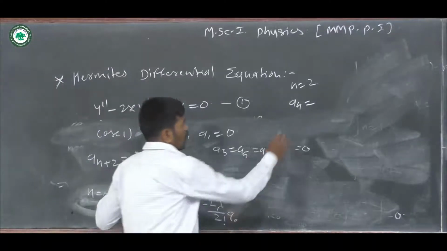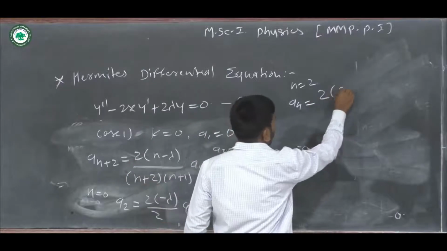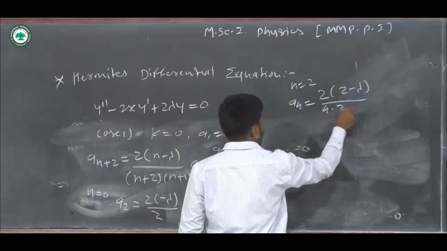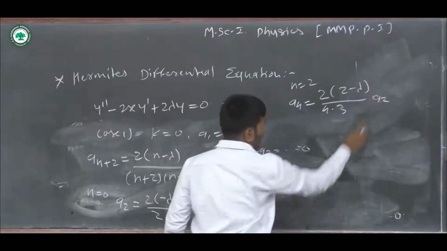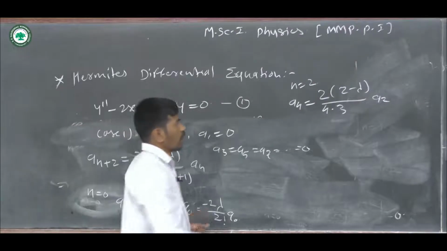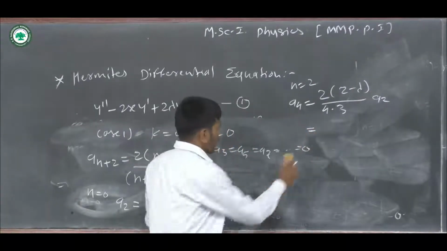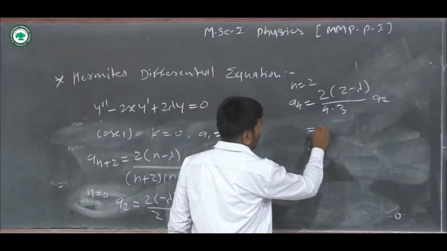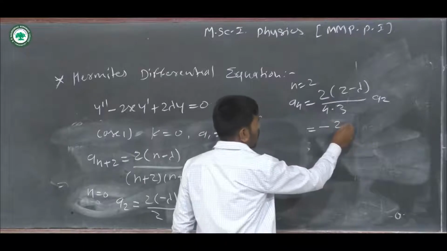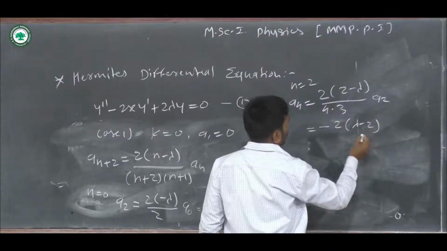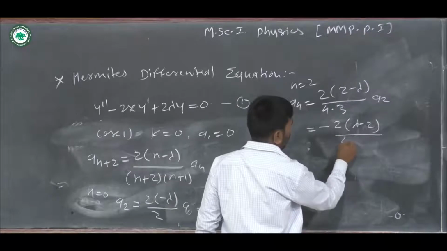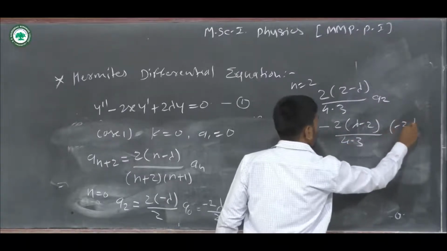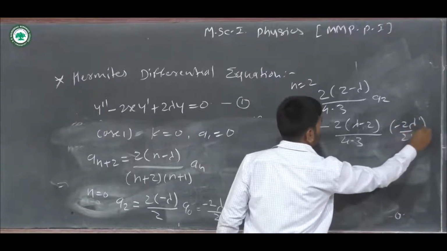It is 2 into 2 minus lambda divided by 4 into 3 times a2. For a2 we replace this value. Taking minus common, it is 2 into lambda minus 2 divided by 4 into 3, and for a2 that is minus 2 lambda divided by 2 factorial a naught.